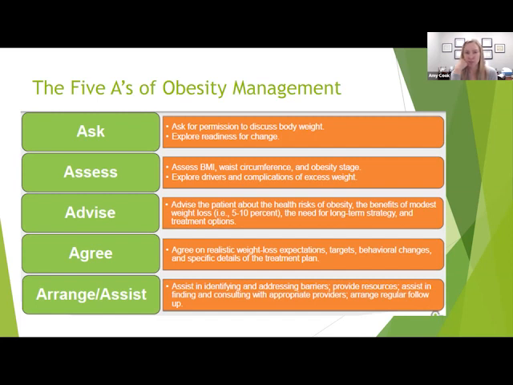I ask permission to review their weight charts and go over it with them too. So getting into the habit of asking permission, because some people don't necessarily want to hear it and aren't ready to hear it. And if you do push it on them, it can be that bias that we talked about earlier that's going to turn them away from seeking medical care.